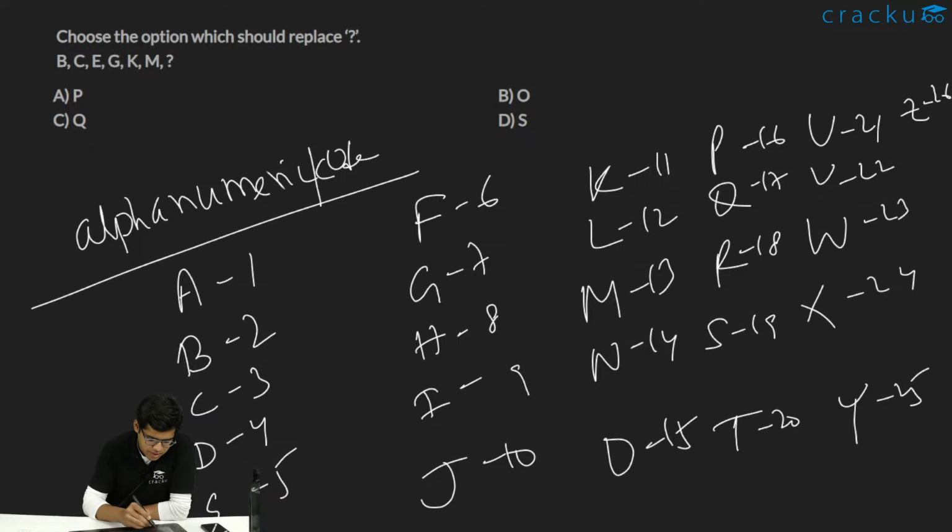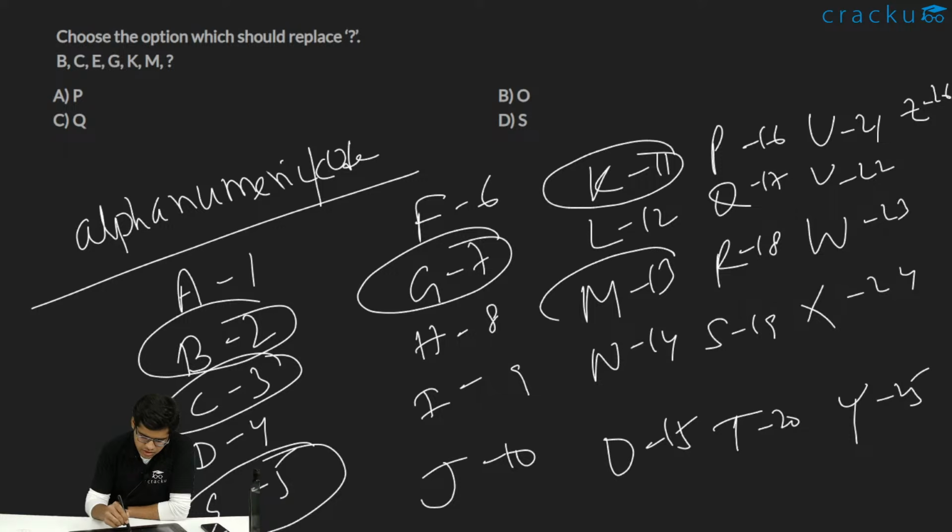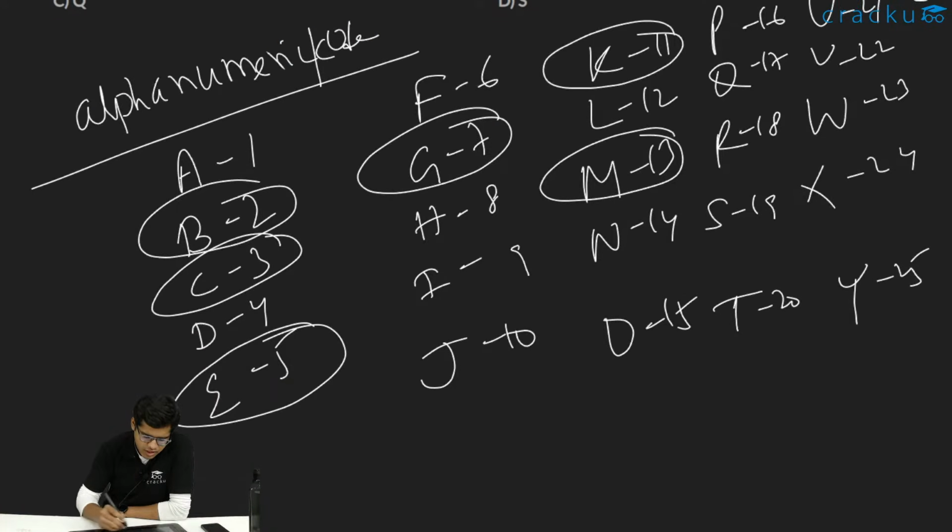Now, B is what? 2. C is what? 3. E is what? 5. G is 7. K is 11. M is 13. Anything can you guys observe?